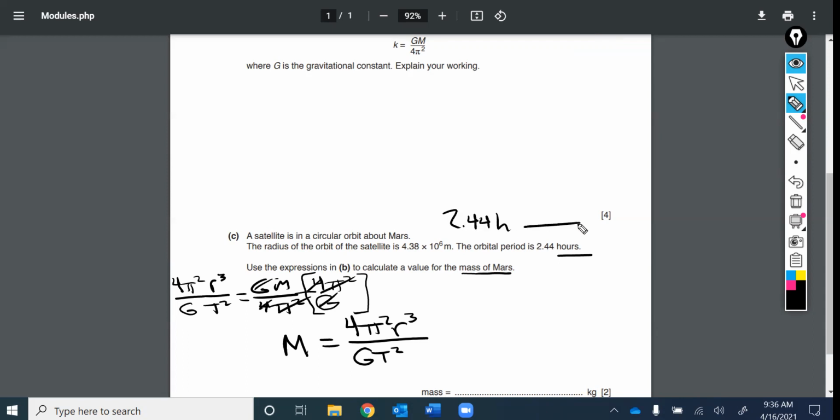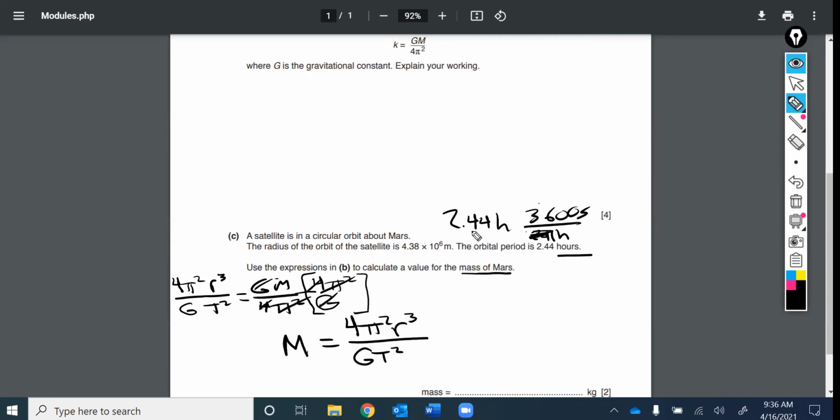2.44 hours, and there are 24 hours. Wait, we don't want to go to days, we want to go to seconds. So we want to say that in 1 hour there's 3,600 seconds. There we go. So 3,600 seconds is 60 seconds times 60 minutes in 1 hour, right?